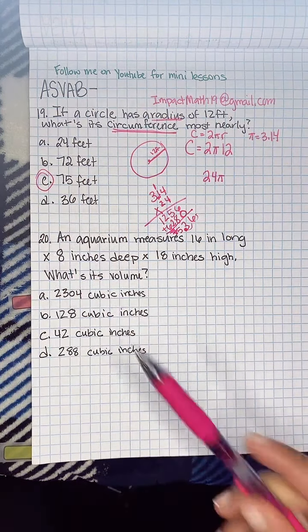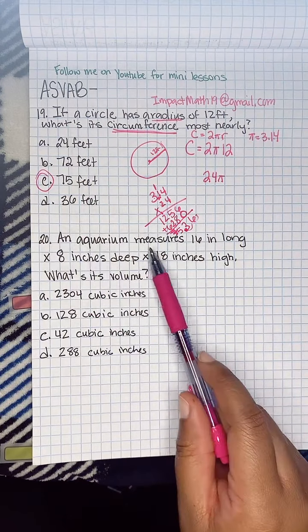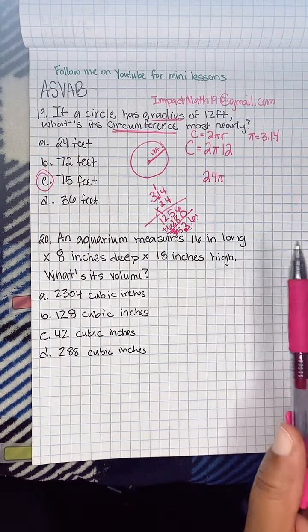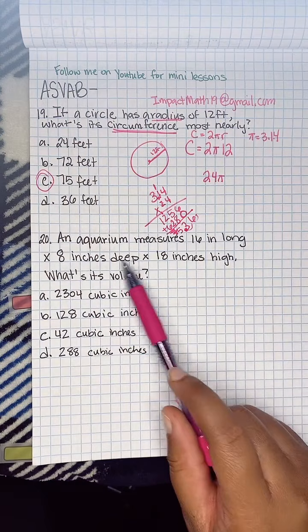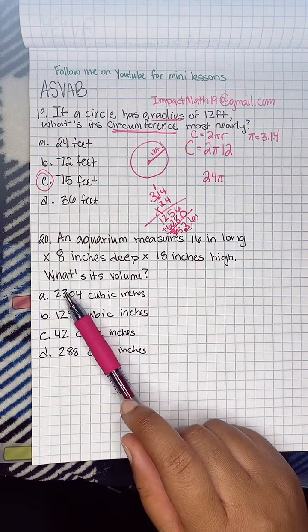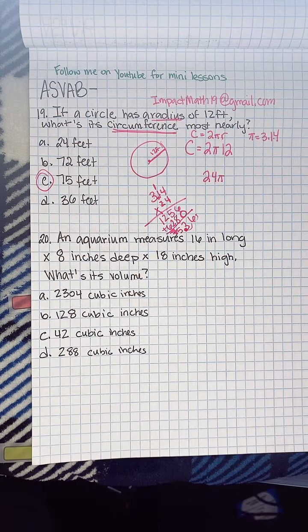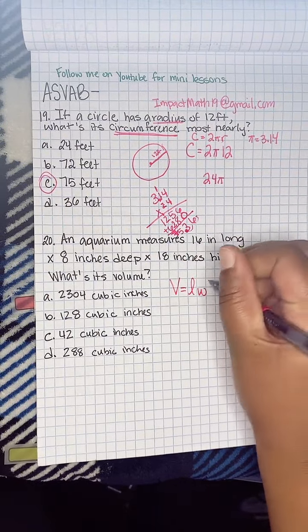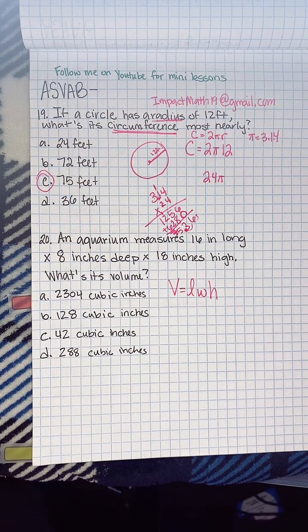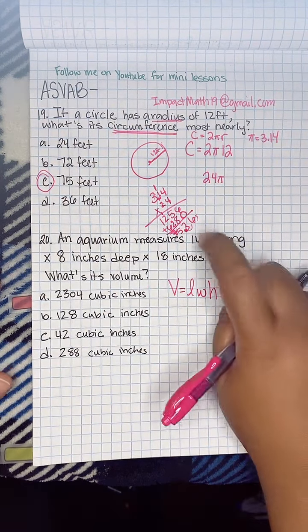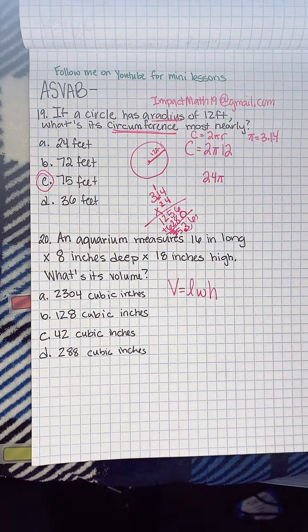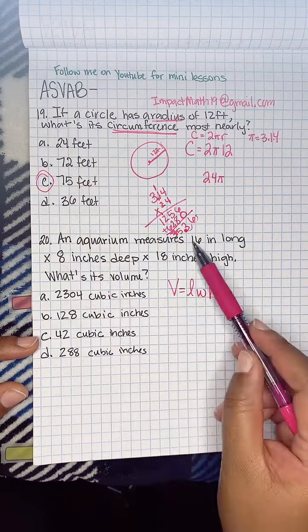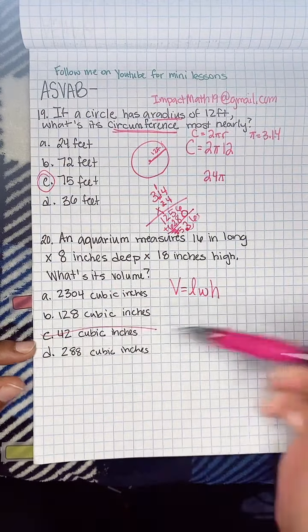Okay, so number 20. An aquarium measures 16 inches long and 8 inches deep and 18 inches high. What is its volume? So volume equals length times width times height, okay? So we're going to have to multiply all these numbers. So just by thinking 8 times 16 times 18, we know C is out.